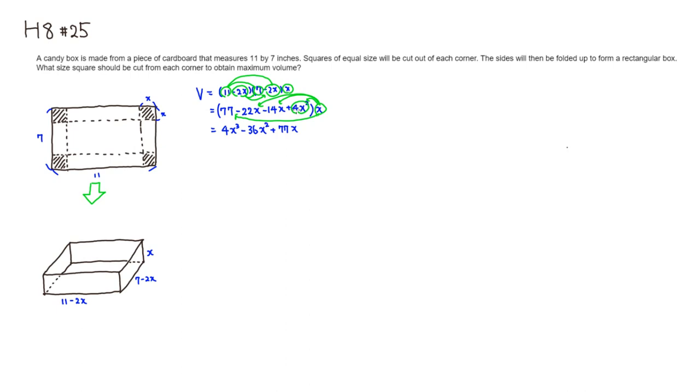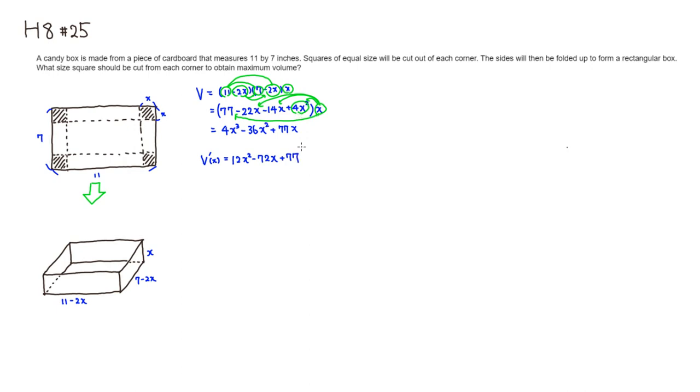So let's find the critical number. We take the derivative of the volume function with respect to x, so it's going to be 12x squared minus 72x plus 77.